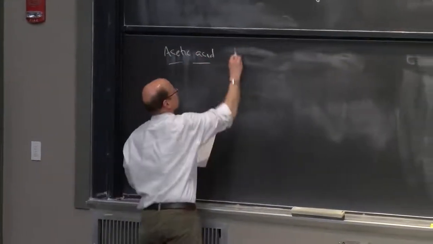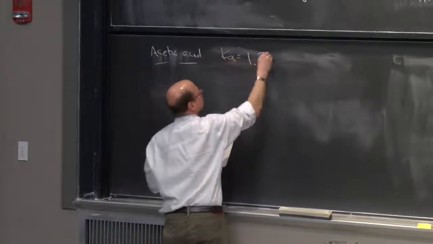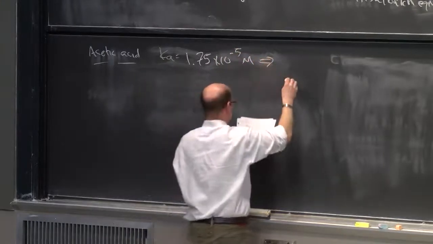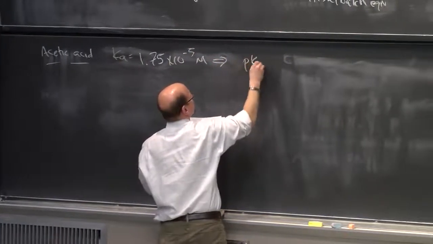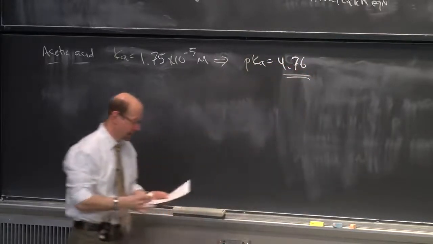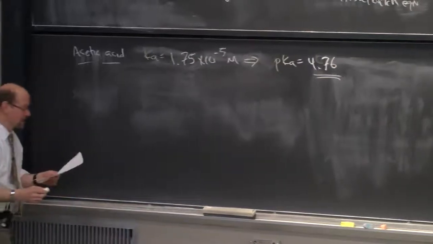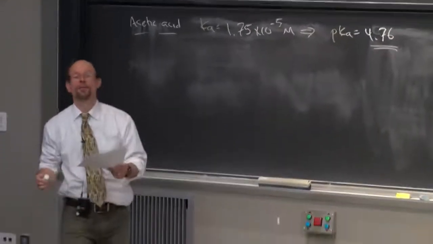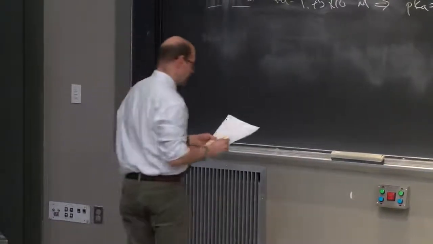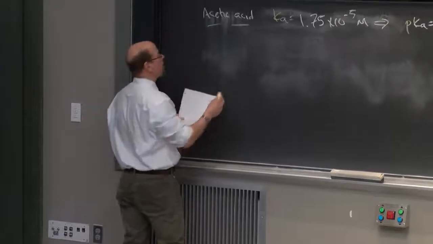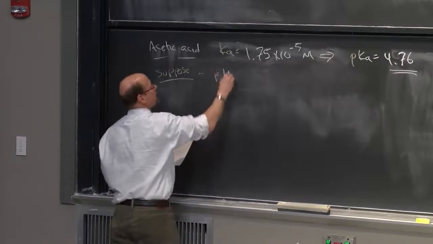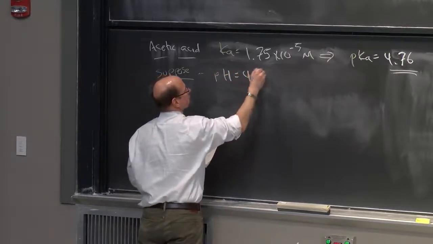You know that acetic acid, I've told you, has a Ka of 1.75 times 10 to the minus 5 molar. And if you take the minus log to the base 10, this means that the pKa is 4.76. That's the pKa for acetic acid. Okay? And what does this tell us about a solution of acetic acid at different pHs? So suppose I have a solution of acetic acid, and the pH of that solution is 4.76.